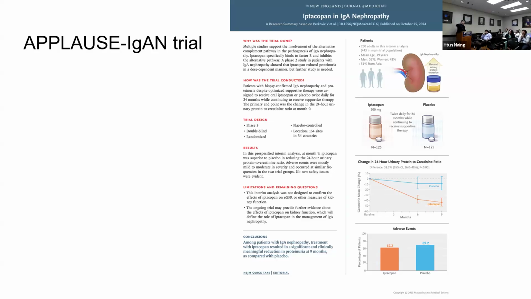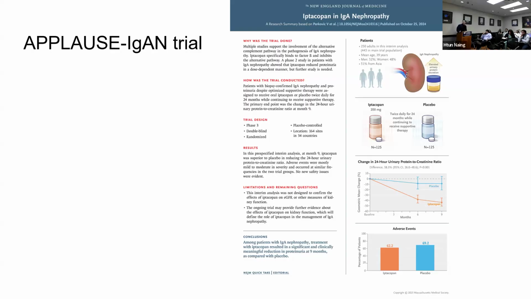So when you block factor B, you're not going to find the C3 convertase on the alternative pathway, so you cannot trigger the alternative pathway. That was the idea. With iptacopan, the selection criterion is also eGFR more than 30.